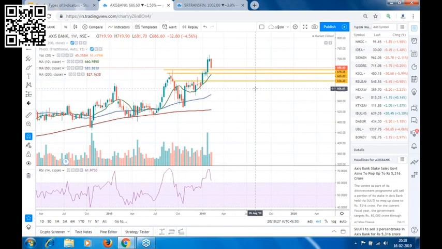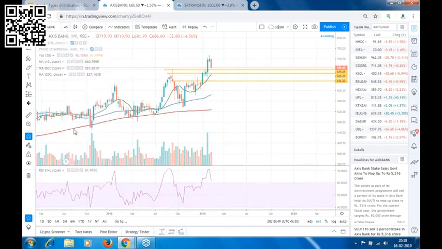So if you get any support or resistance on a weekly time frame, that is considered to be very strong. Now see, in the weekly time frame, this is your support area. So we can short only once this is broken, 678.